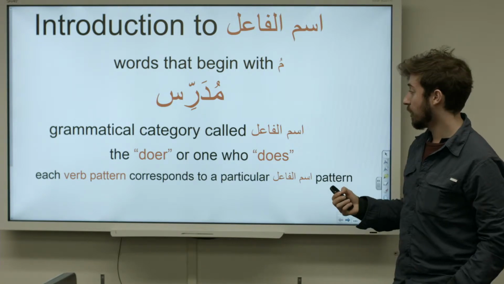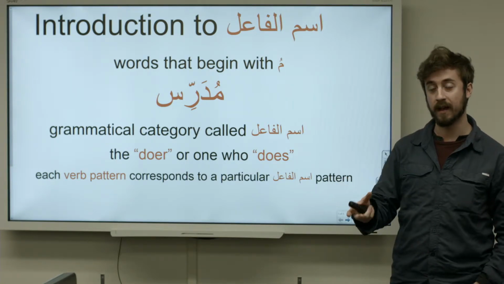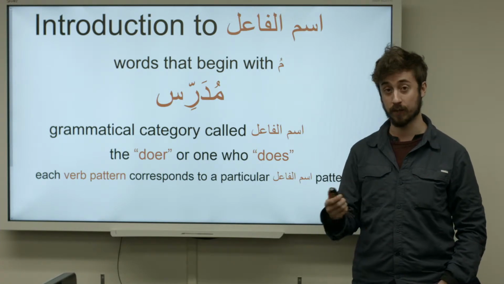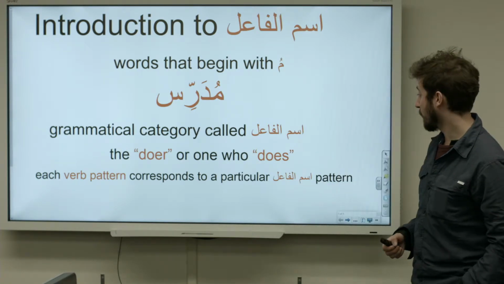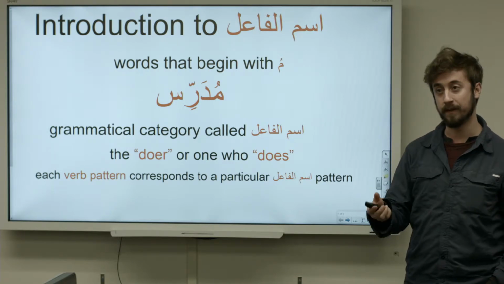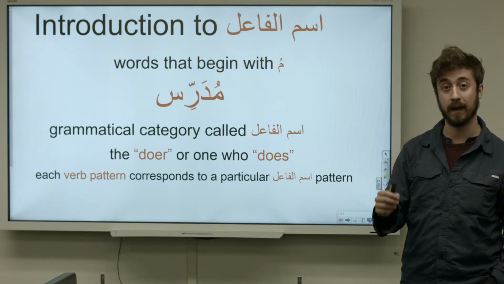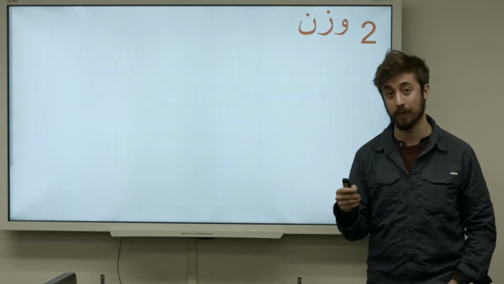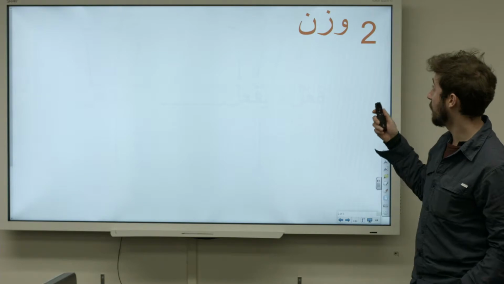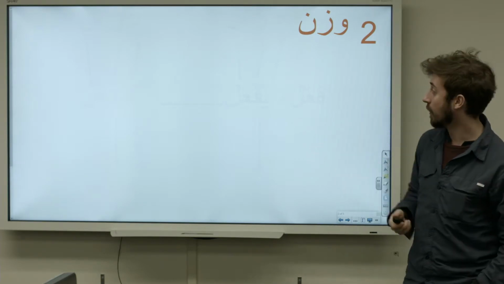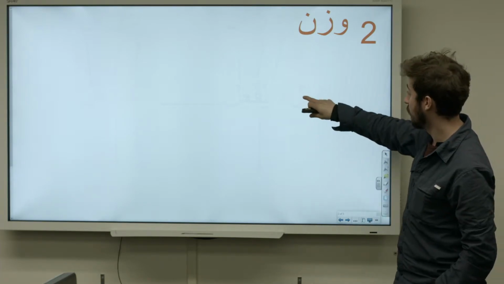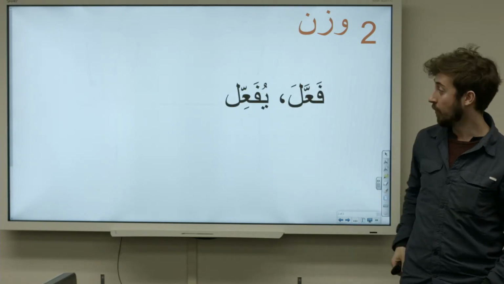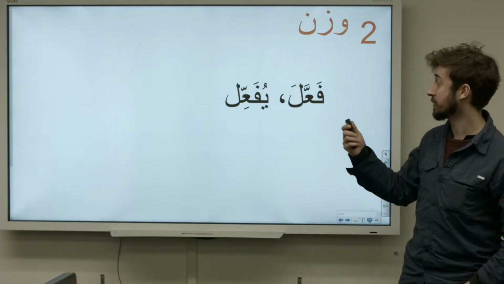Basically, each of the main 10 verb patterns has a particular ism fa'il pattern that corresponds to it. So there are 10 main ism fa'il patterns. Just to give an example, we're not going to go through all the patterns here, but let's look at pattern 2, wazn 2, which you might know by now is fa'ala yufa'il.